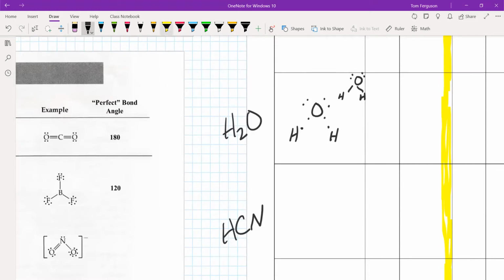So how many groups of electrons do we have? We have 4. 1, 2, 3, 4. 4 groups of electrons. That again is tetrahedral.